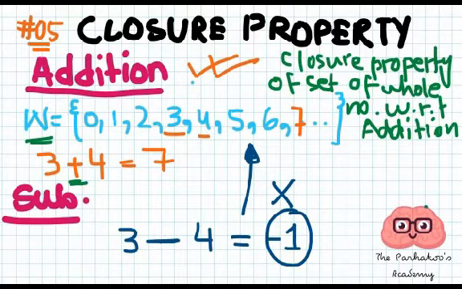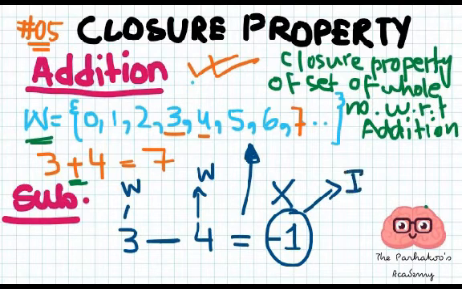No. -1 belongs to the set of integers. So here we have whole numbers and the resultant is an integer. Then this is something which is not closed, right? So this is not the closure property.